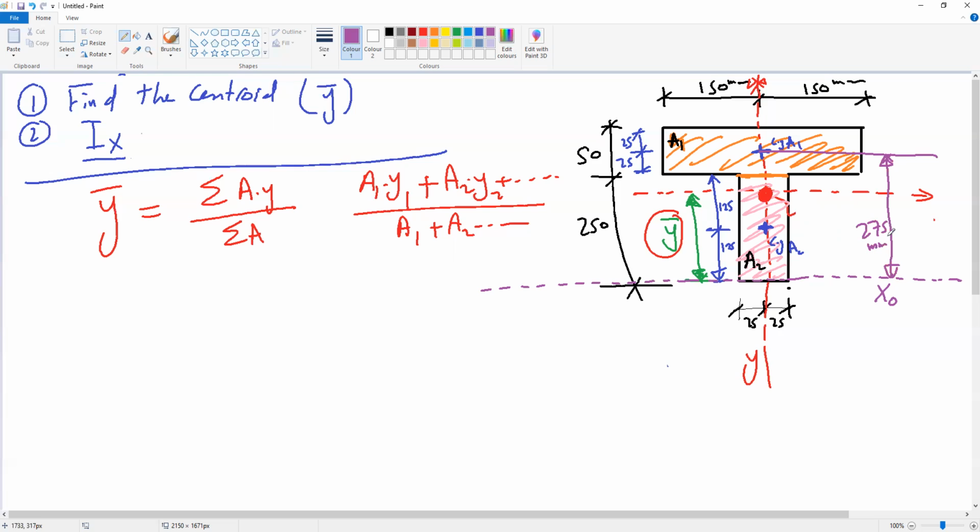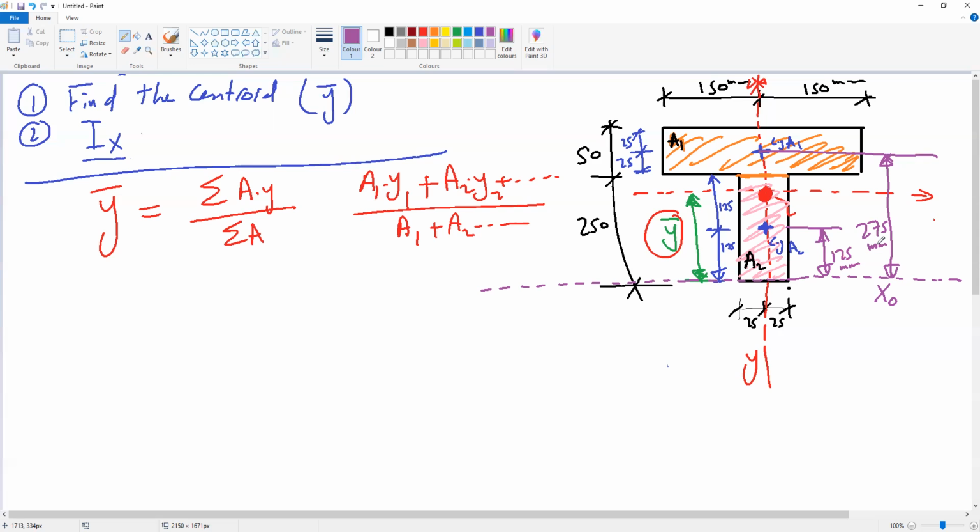And we also know where the center of A2 is from the reference axis. This one will be 125. So we choose a reference axis because we know all the dimensions from this axis to the centroids. Okay, so these will be our y's.